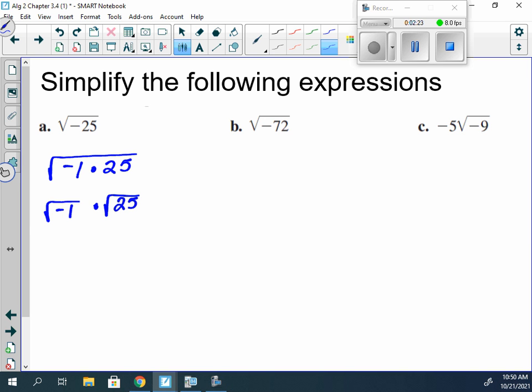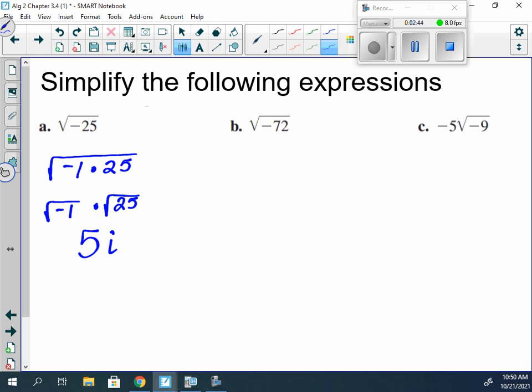Now, we can take the square root of 25. And what is the square root of 25? 5. Now, what did we just say the square root of negative 1 was? i.